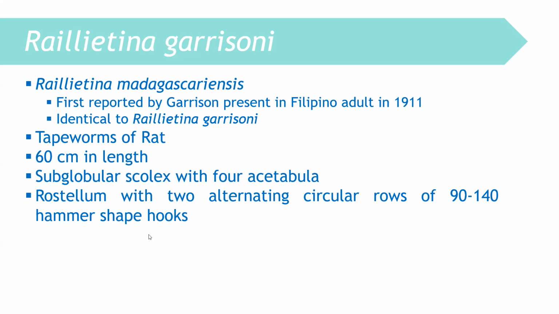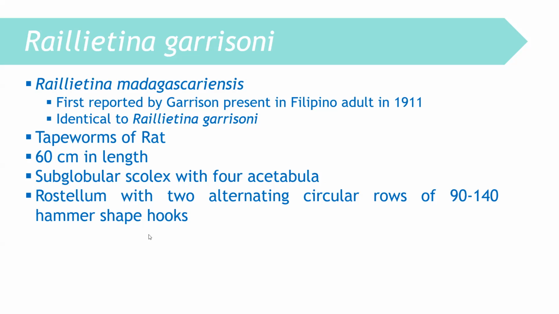Take note that this parasite is a tapeworm of rats, typically 60 centimeters in length, and it has four acetabula, which are subglobular suckers.